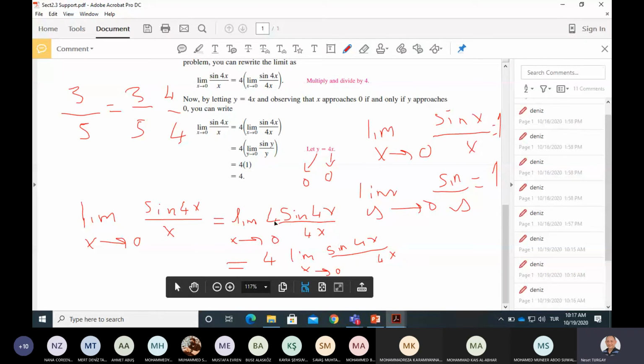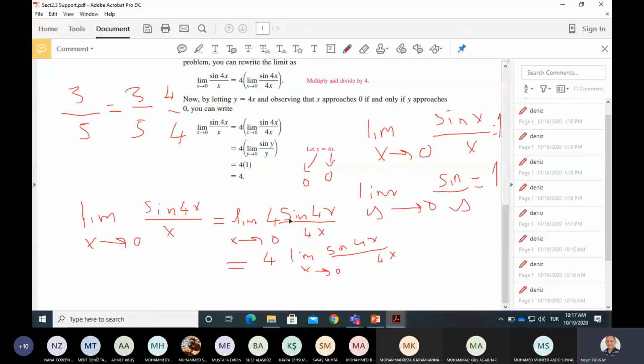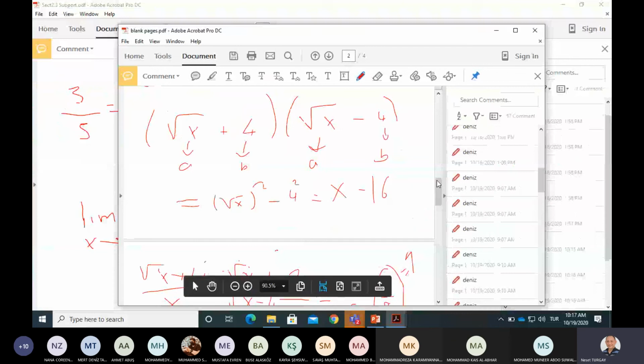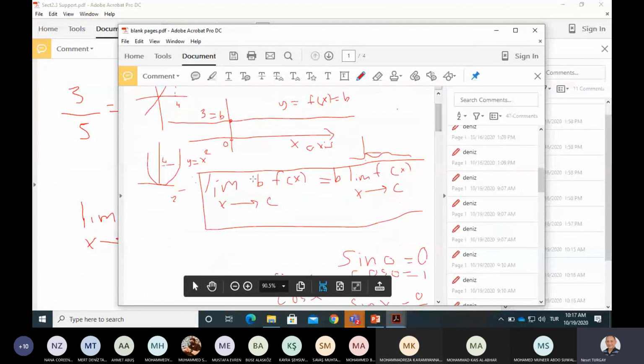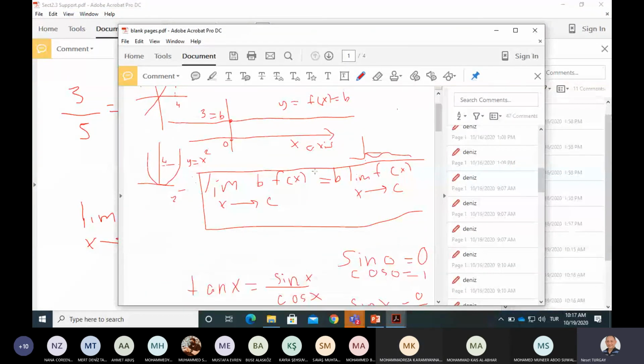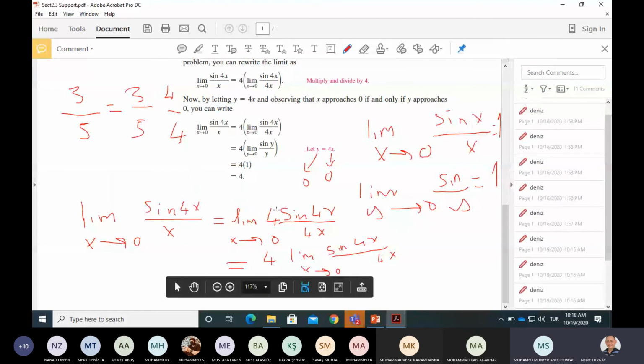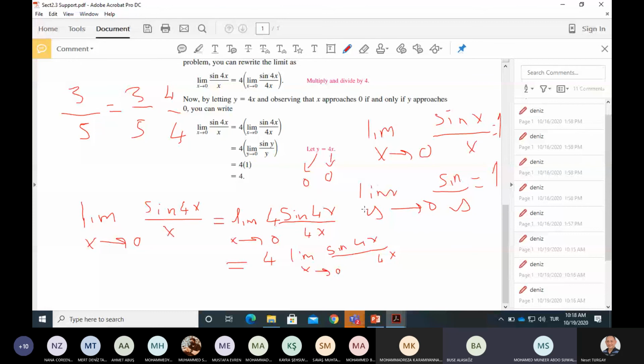Now what I am doing, I am just taking this 4 out, because do you remember we have a rule, which I explained in the beginning of the class: b times f of x, you can take b to the front. This b is now 4. We are taking the coefficient of sine and dividing by the coefficient of x, is it right?